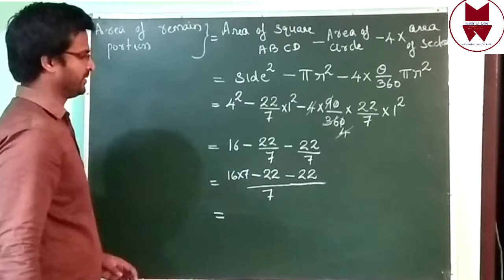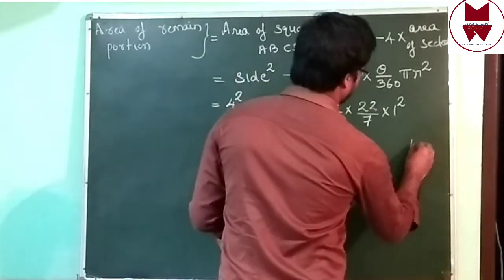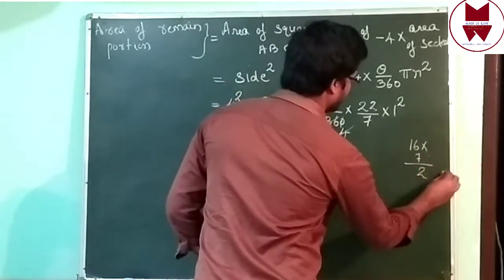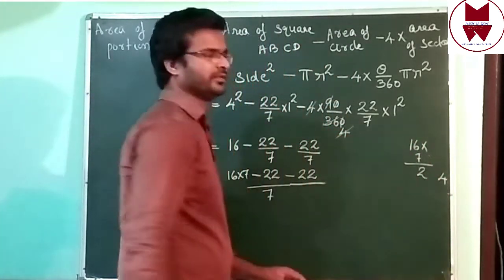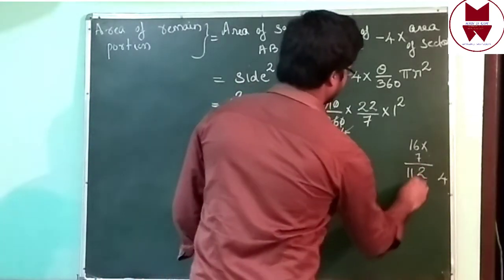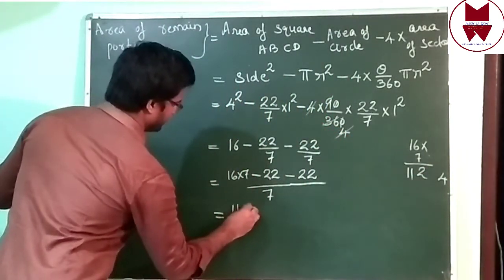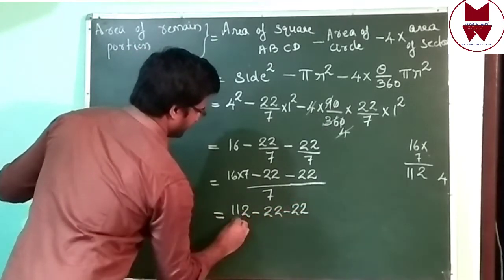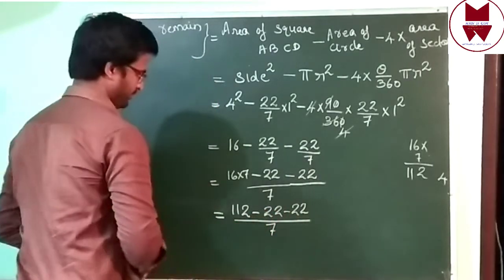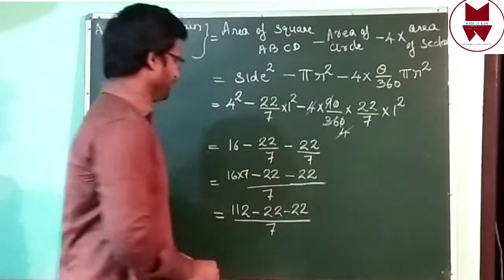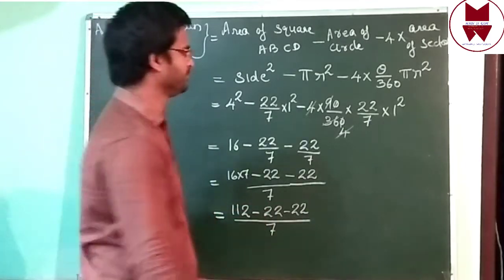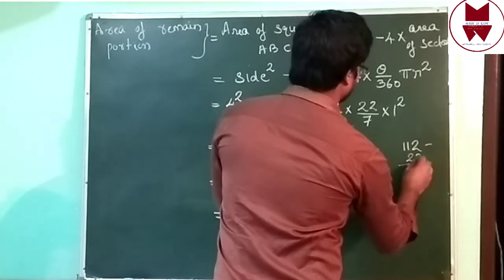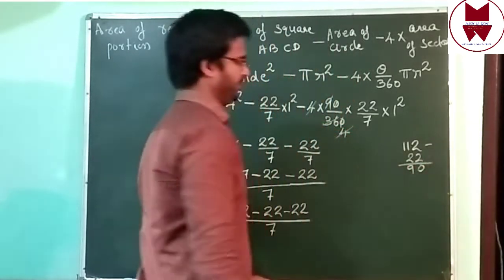Equal to 16 into 7. 7 into 6, 42, 4. Then 7 into 1, 7 plus 4, 11. 112 minus 22 minus 22, all divided by 7. Then 112 minus 22: 112 minus 22 gives 90.